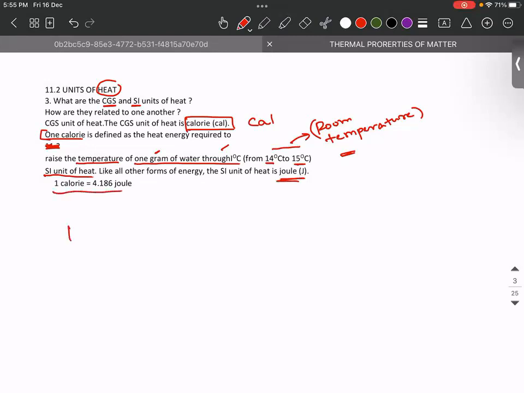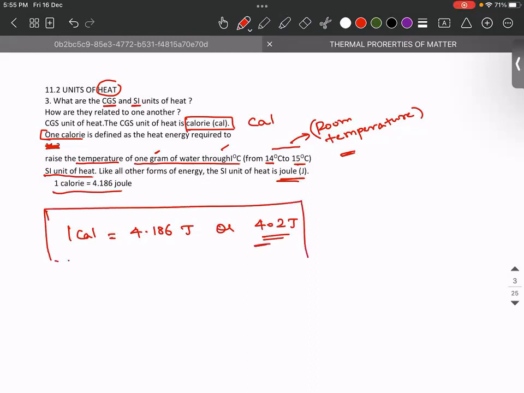And 1 calorie is equal to 4.186 joule, or we can also use 4.2 joule. So wherever we see calorie, you can replace it with 4.2 joule. And wherever you see joule, 1 joule will be equal to 1 divided by 4.2 calorie.